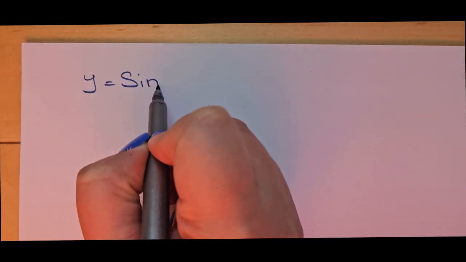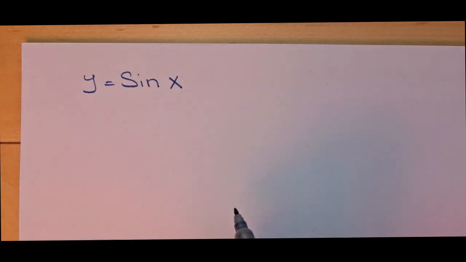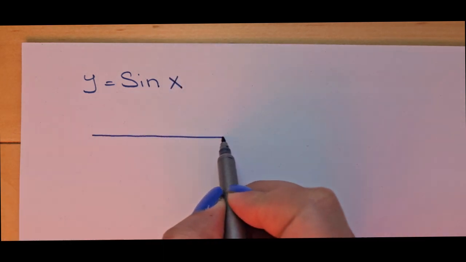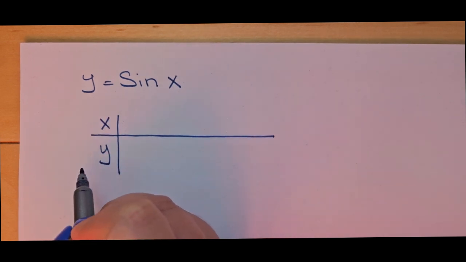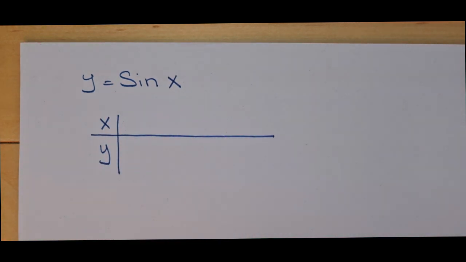So let's say sine of x. So x is your angle. Remember, the only difference with trigonometric functions is that instead of using simple numbers like 0, 1, 2, 3, 4, we have to use the most common and simple to calculate angles, right?